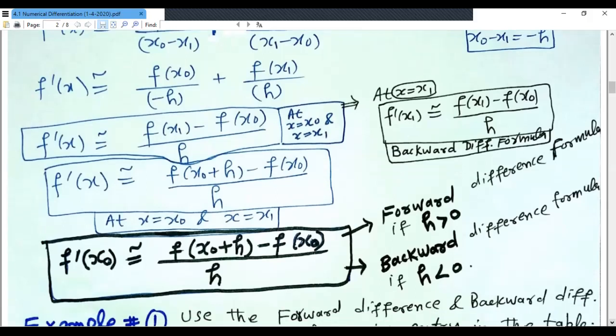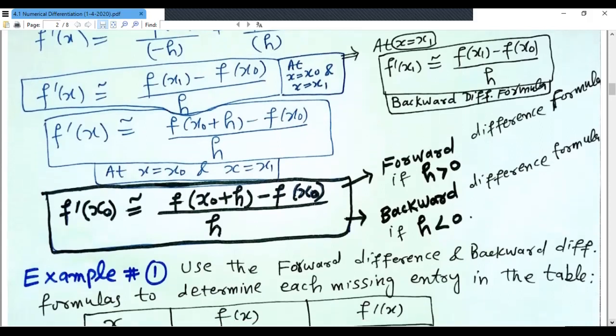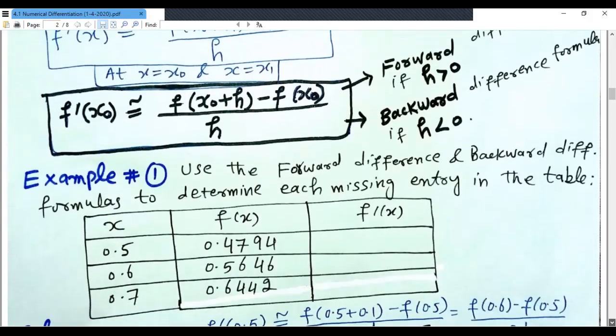In order to remove the confusion of two formulas, let us use only one formula, which is f dash of x naught approximately equal to f of x naught plus h minus f of x naught, divided by h. If h is positive, this would be called the forward difference formula, and if h is negative, this would be the backward difference formula. This will be further explained in the following example.